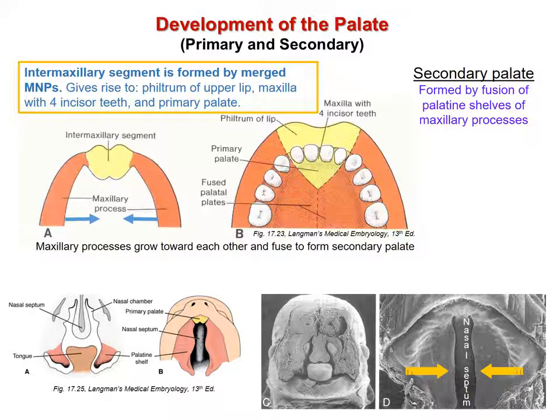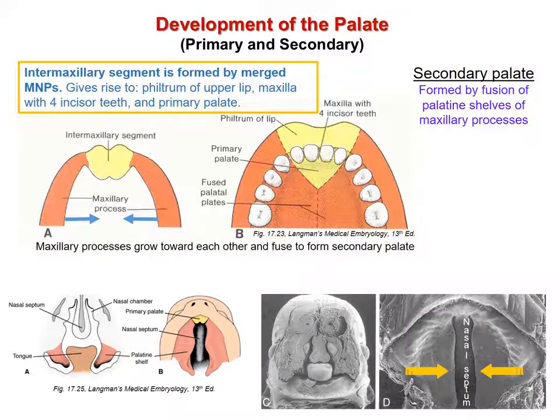Ingrowth of maxillary prominences indicated by the arrows form palatal shelves or plates that grow medially toward each other and eventually fuse to form the secondary palate. Bone develops in both the primary palate and anterior portion of the secondary palate. Bone does not grow in the posterior part of the secondary palate, which eventually forms the soft palate and midline uvula.